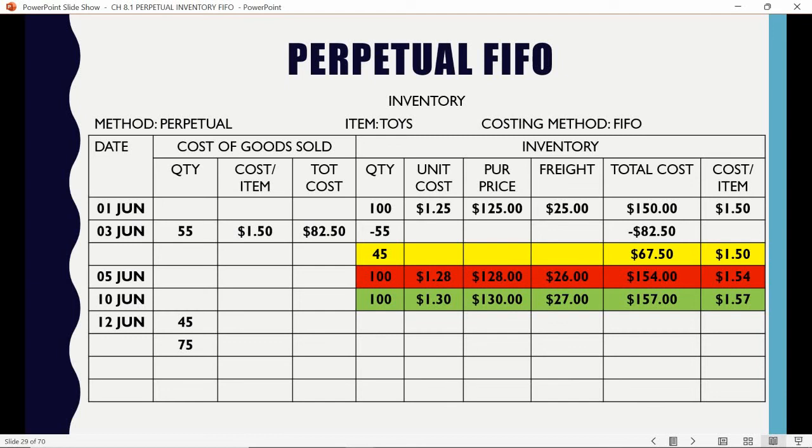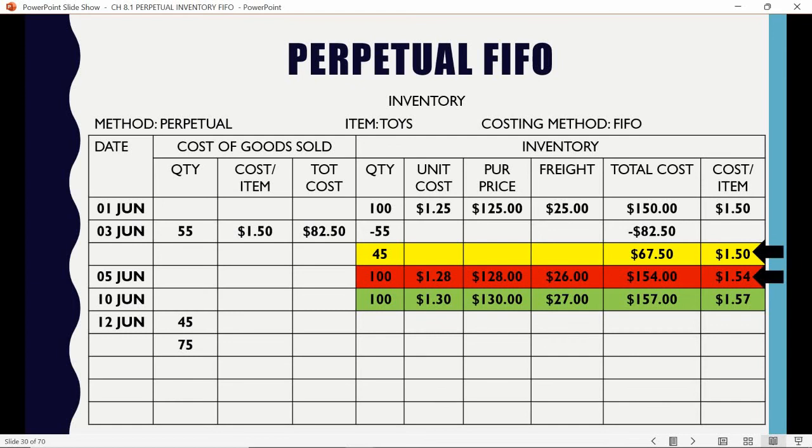So now that I recognize this, I have to take out of 2 batches of inventory, 45 and 75. Now using the rules of FIFO, I'm going to get rid of my very first batch of yellow right here, which I know I'm going to get rid of all of it. So in this case, I'm going to get rid of $67.50.